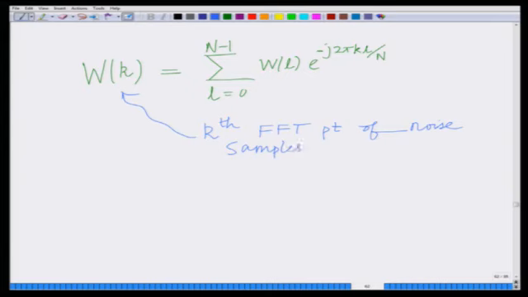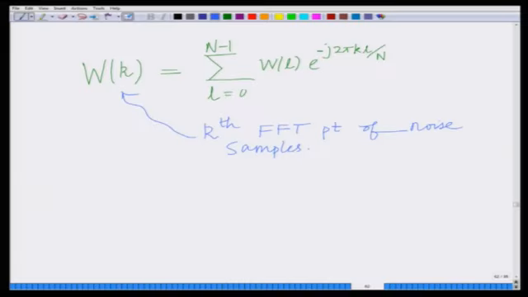And what we are going to assume about the noise samples is that each wl is IID Gaussian, independent identically distributed Gaussian, and also zero mean, which means the expected value of each noise sample wl is 0.